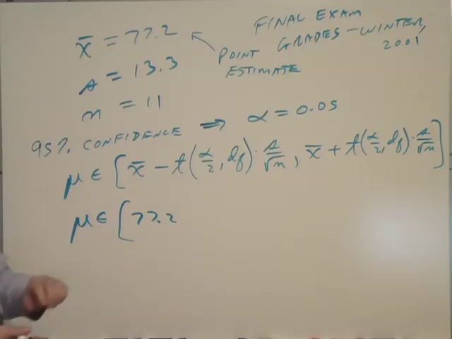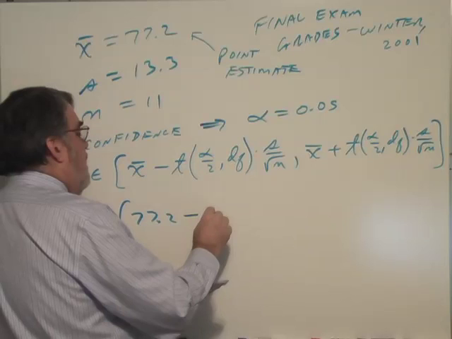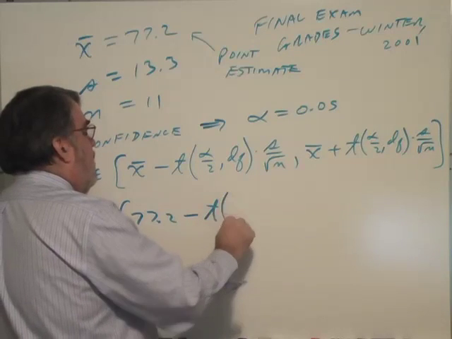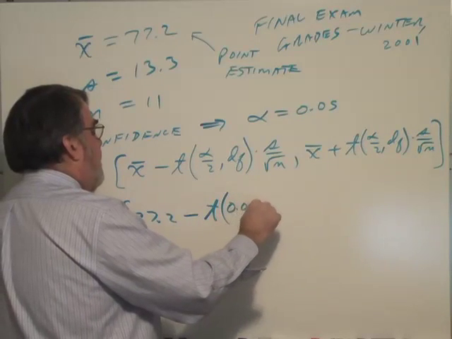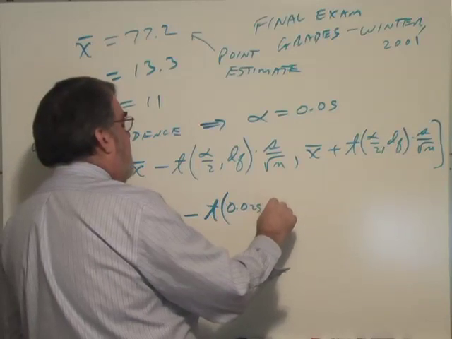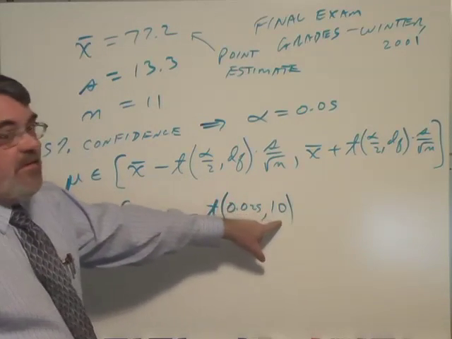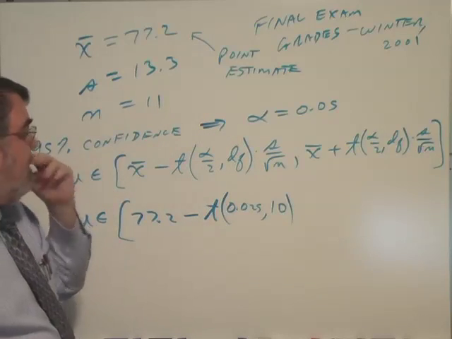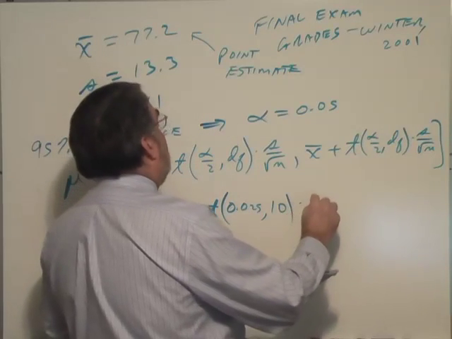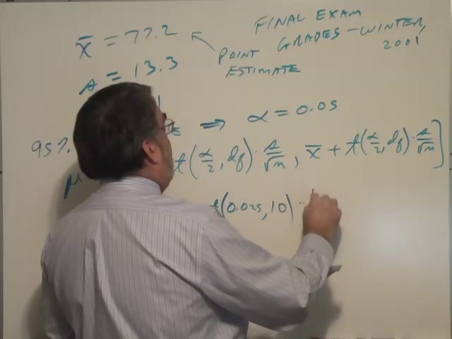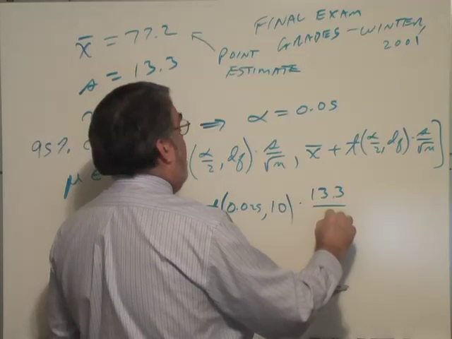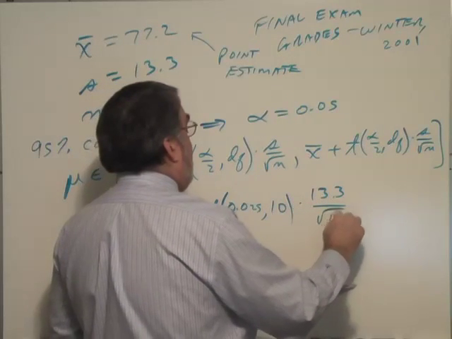It was the t-score based upon 0.025 and 10 degrees of freedom, because degrees of freedom was 1 less than sample size, 11 minus 1, times the standard deviation, 13.3, divided by the square root of sample size.